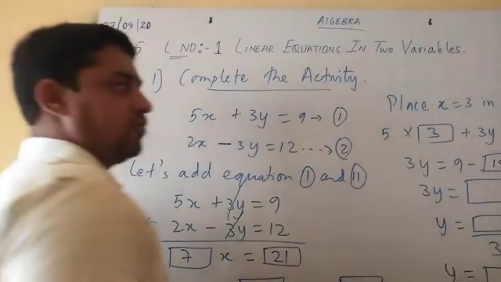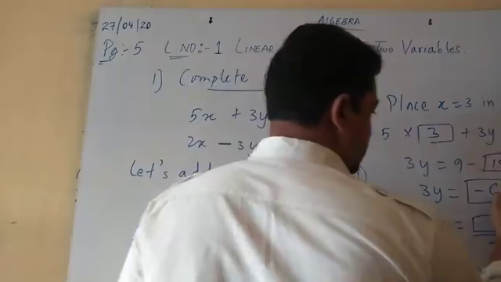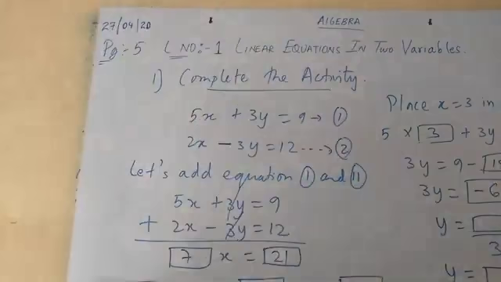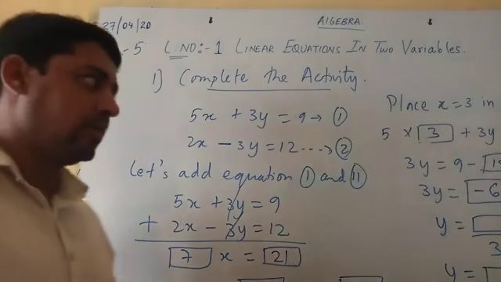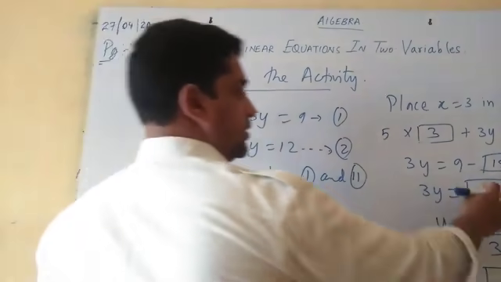Now 9 minus 15: 15 cannot be subtracted from 9, so we subtract 9 from 15 and give it the negative sign. So we get negative 6.